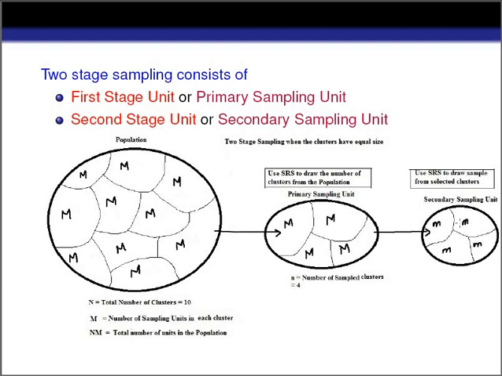Here, instead of taking all the objects from the selected cluster, we take some of the objects. We take small m objects from the capital M objects of this cluster, then small m objects from the capital M objects of this cluster, and so on.